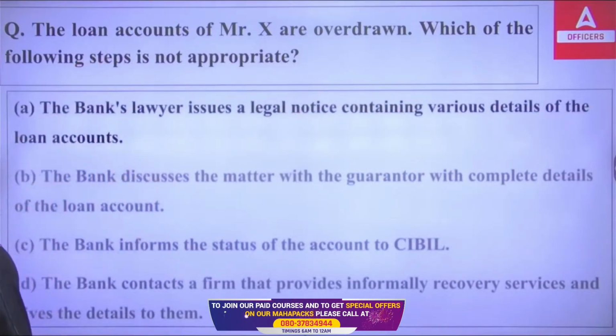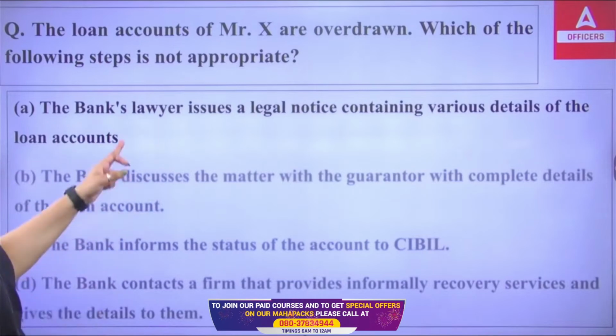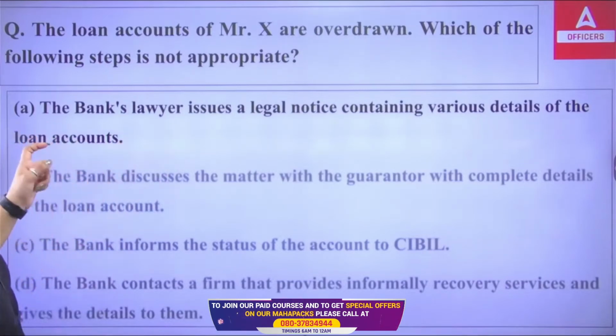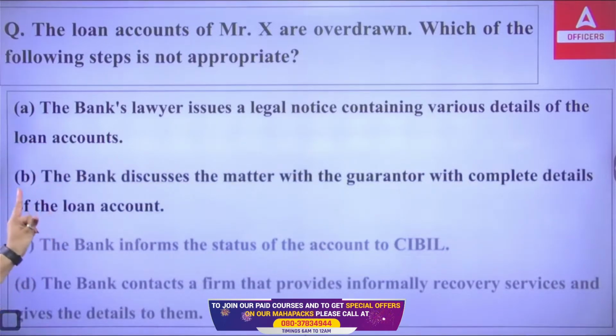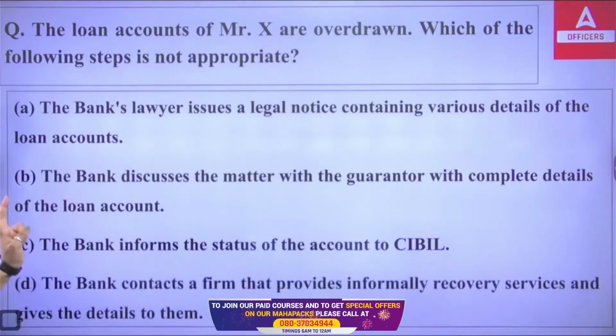First, the bank's lawyer issues a legal notice containing various details of the loan account. Second, the bank discusses the matter with the guarantor with complete details of the loan account. Third, the bank informs the status of the account to CIBIL. Fourth, the bank contacts a firm that provides informal recovery services and gives the details to them.